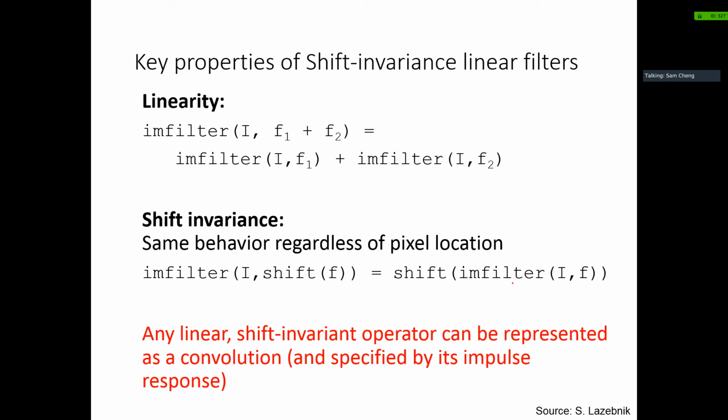If you have a linear shift invariant filter, you can show that you can always represent it as a convolution, and then it can also be represented as a correlation.